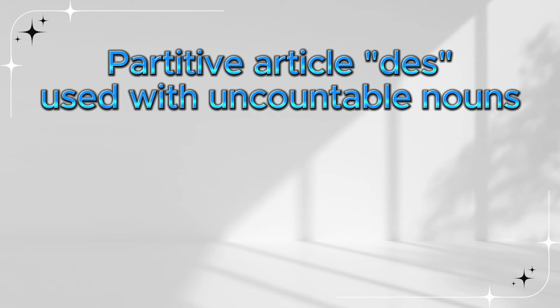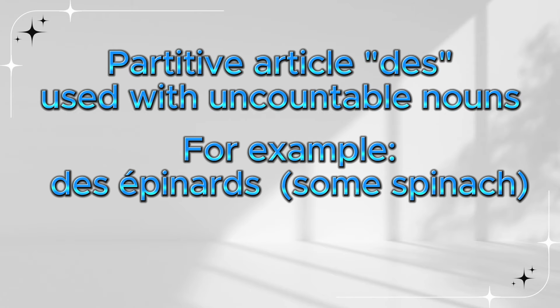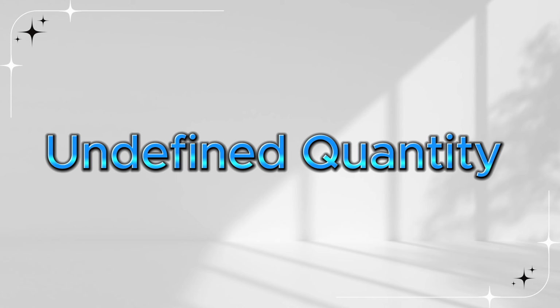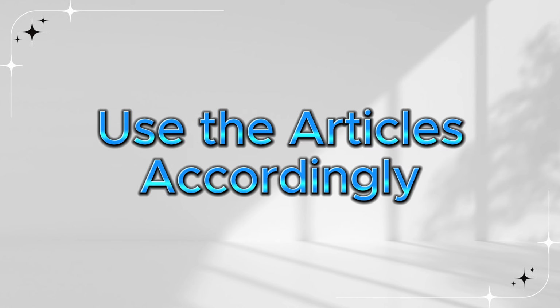However, when you use it with an uncountable noun like des épinards, some spinach, then it functions as a partitive article. While using articles, you just have to understand whether you're talking about a precise quantity or a vague one, and use the French article accordingly.